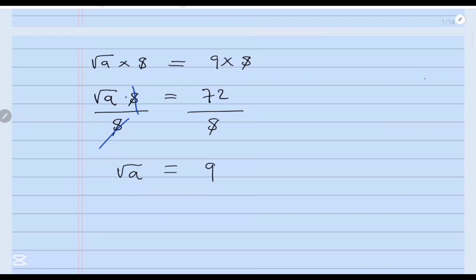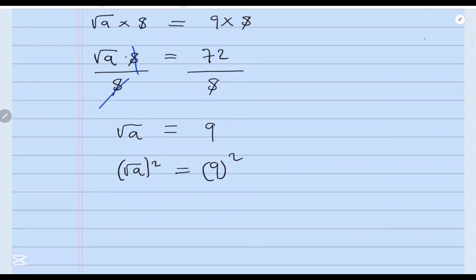But the question is finding the value of a, not the root of a. So we remove the root by squaring both sides. This and this cancel each other, so we have a equal to 9 squared. 9 squared, our answer is 81.